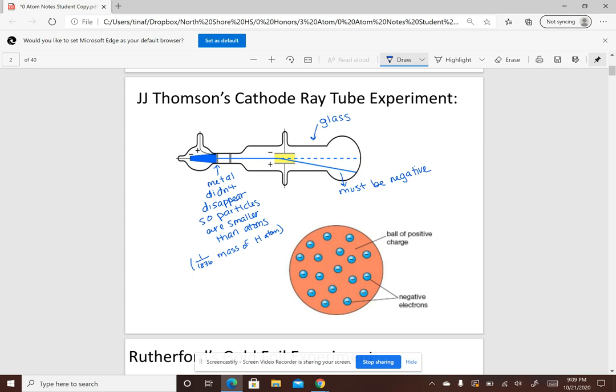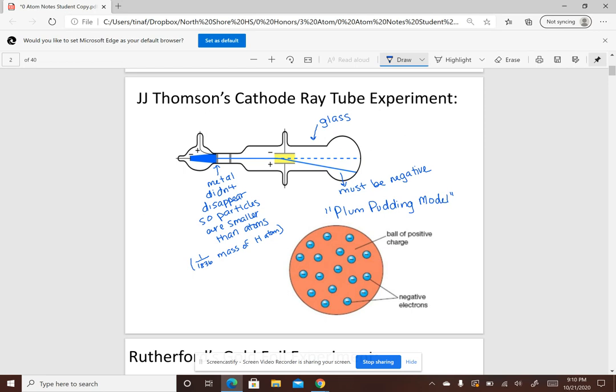Okay, so if we look at this next picture of what J.J. Thomson thought the atom looked like, we call this the plum pudding model. Plum pudding is like an old English dessert. It's almost like bread with raisins scattered about inside of it.